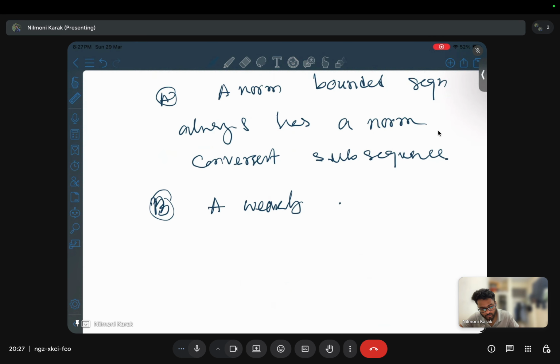A weakly convergent sequence is norm-bounded.